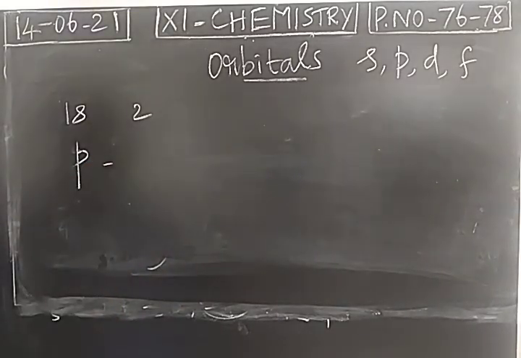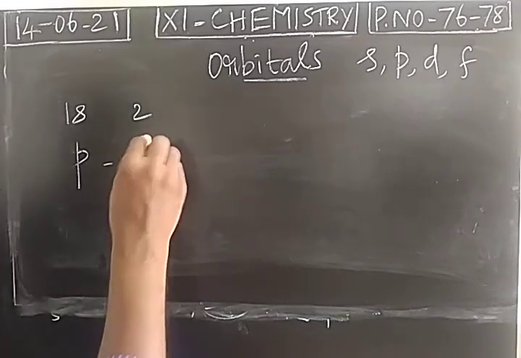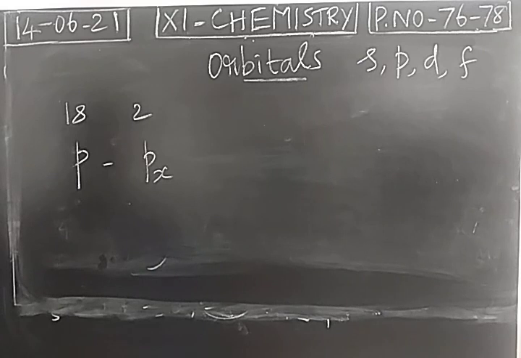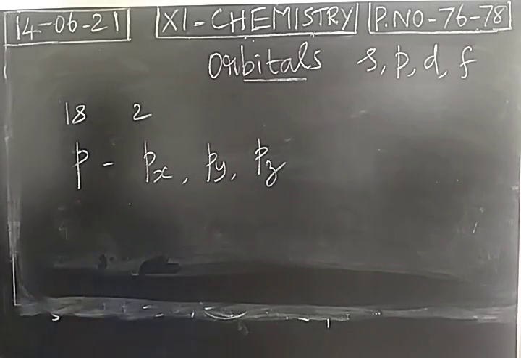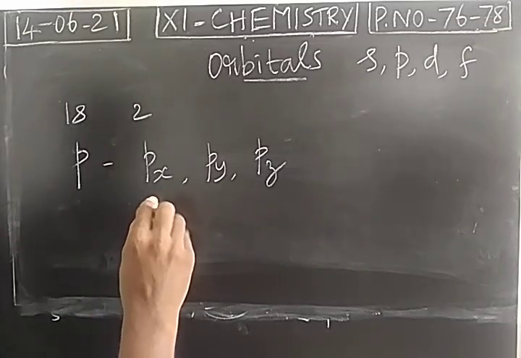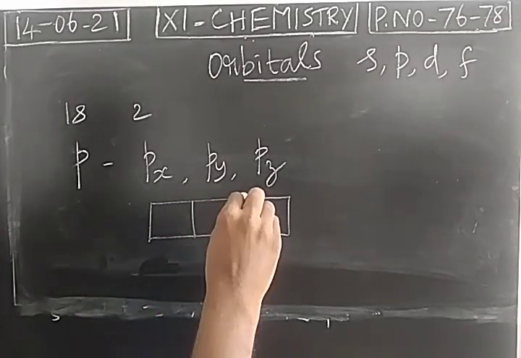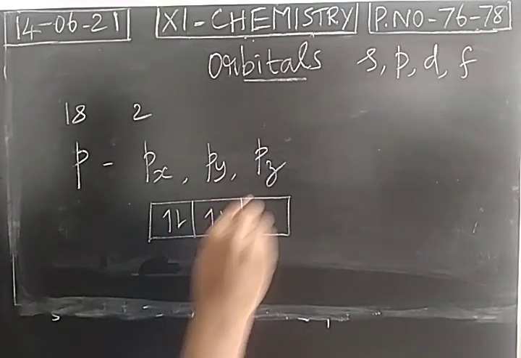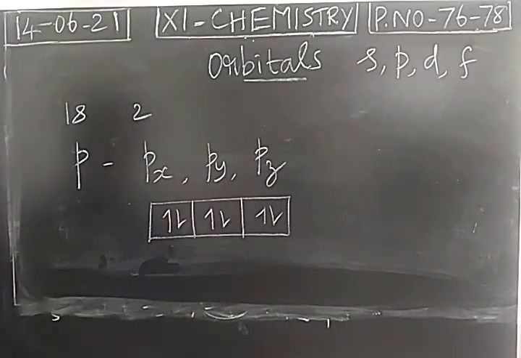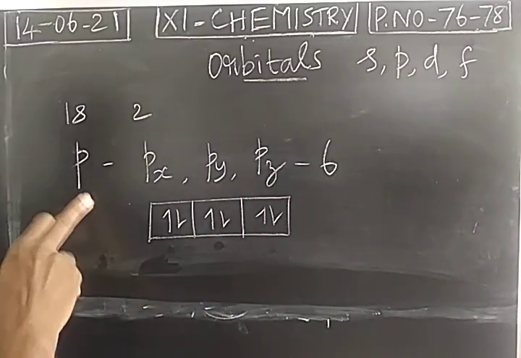P orbital will have 3 types of orientations: px, py, pz. Each orbital can accommodate maximum 2 electrons. Px can accommodate 2 electrons, Py can accommodate 2 electrons, Pz can accommodate 2 electrons. So totally 6 electrons can be placed in p orbital.